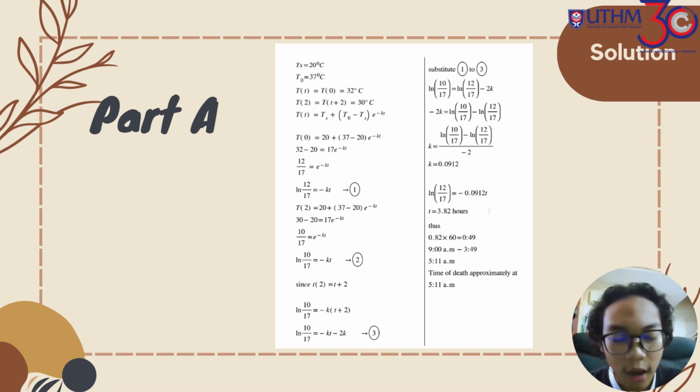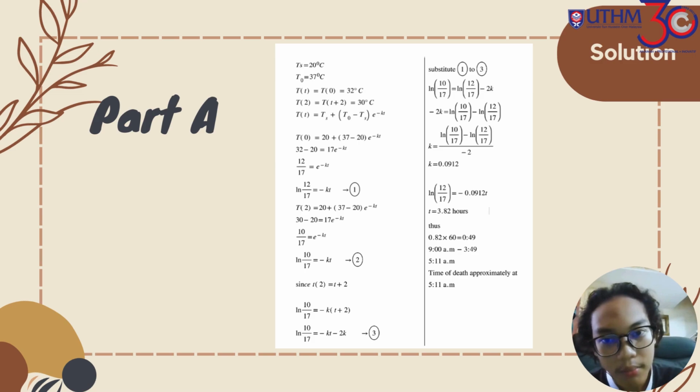The formula that we can use is Newton's law of cooling. Temperature T equals T surrounding plus, in bracket, T naught minus T surrounding, times e to the power of negative kt. k is a constant, t is our time. So from the formula, T1 is equal to 20 plus 37 minus 20 in bracket, e to the power of negative kt.